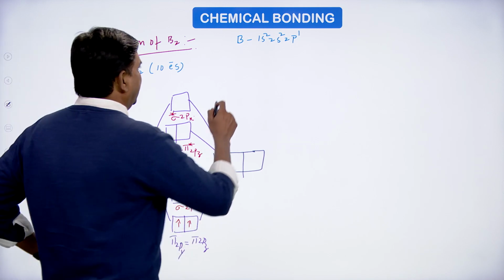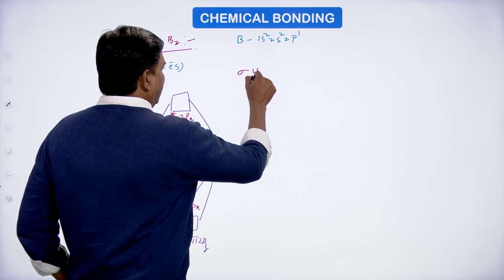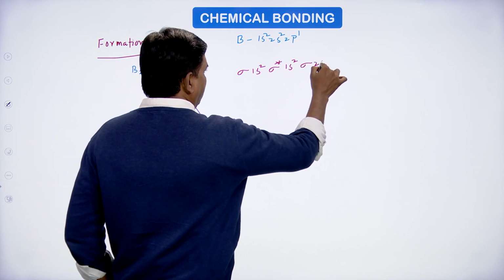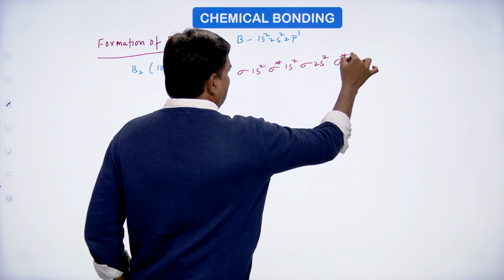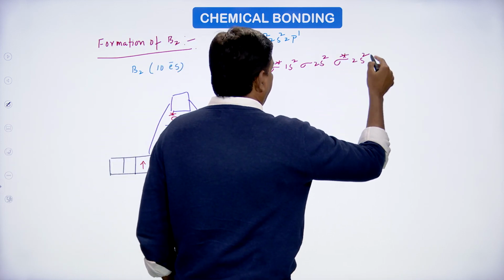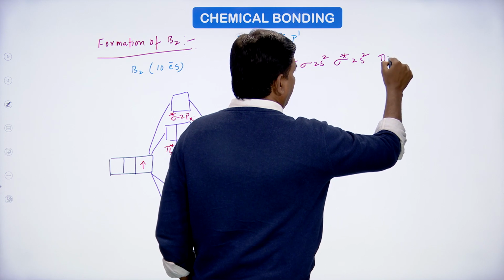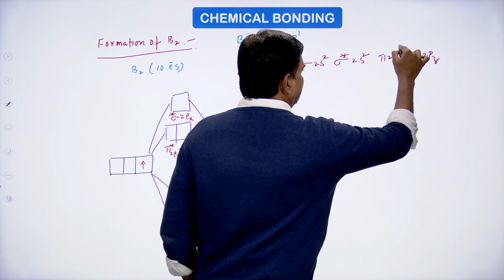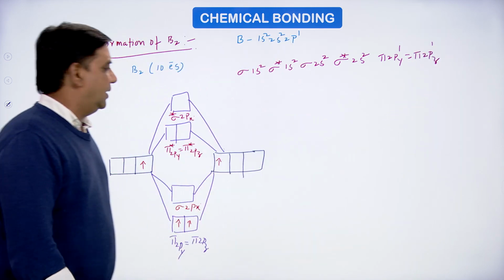So here the order is sigma 1s2, sigma star 1s2, sigma 2s2, and sigma star 2s2, and pi 2 Py is equal to pi 2 Pz, with one electron here and one electron here, 10 electrons.